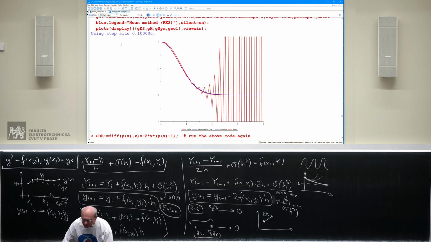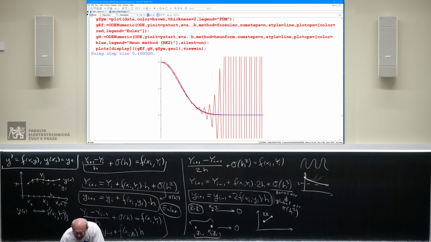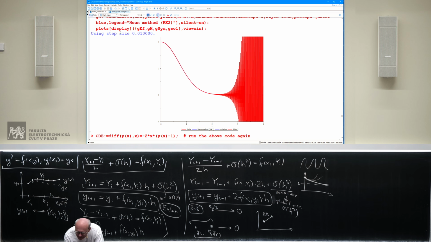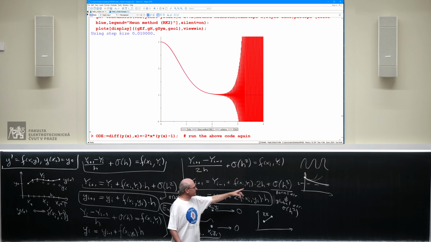This is very unpleasant. So let's try to decrease the step size to 0.01. And we can see that this oscillation is still there, and it actually sets off at roughly the same location. So there is something fundamentally wrong in the reaction of this method to our differential equation.